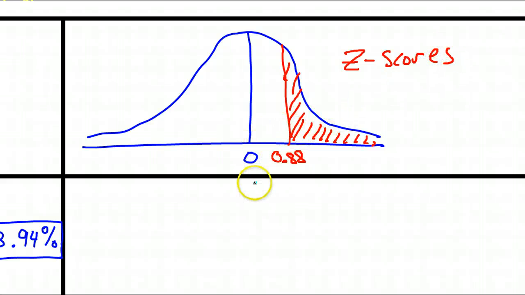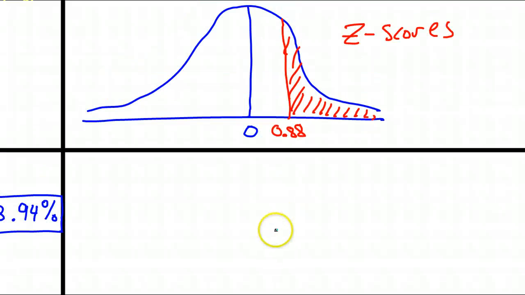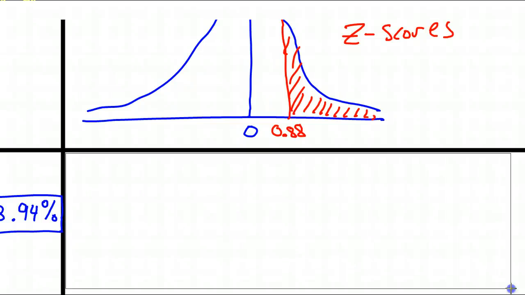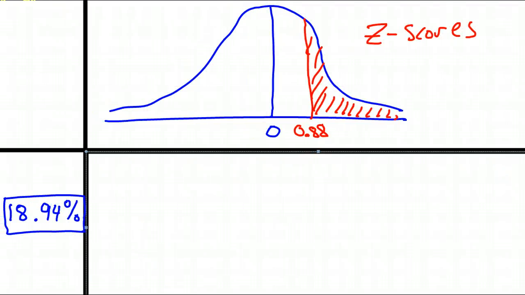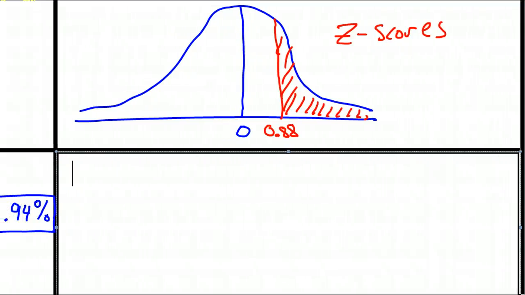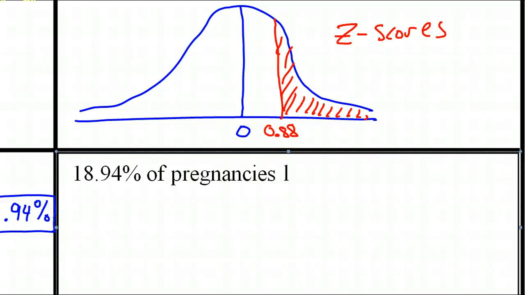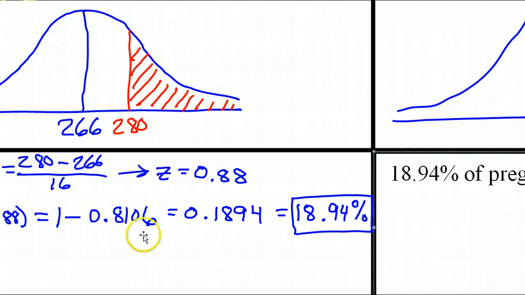Z-scores for full credit. So there's our picture, and now our sentence. So let's see. Okay, 18.94, right? So 18.94% of pregnancies last longer than 280 days.